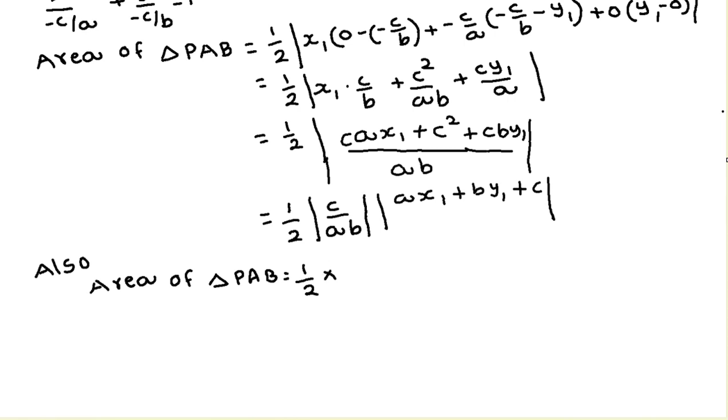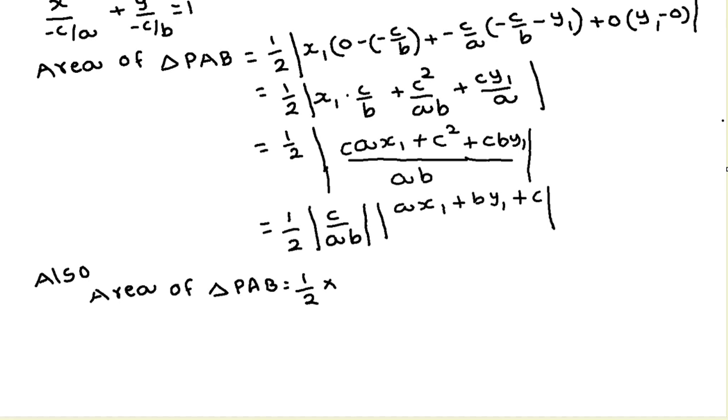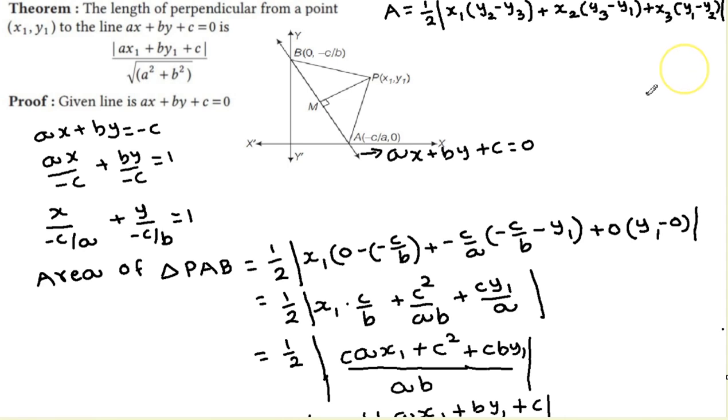So half into base: let's take base as AB and height is PM. Half into AB. We can use the distance formula to find AB: square root of (x2 minus x1) whole square plus (y2 minus y1) whole square.